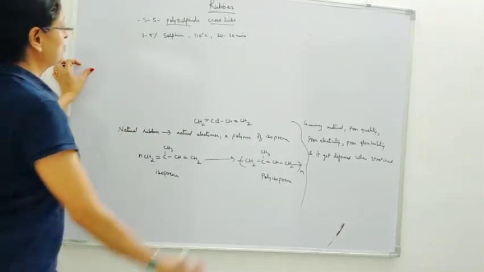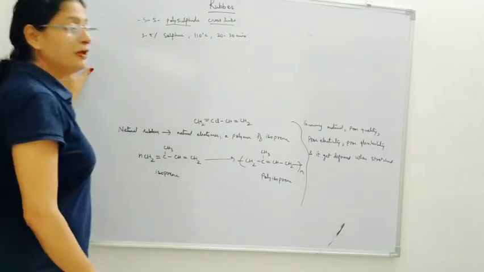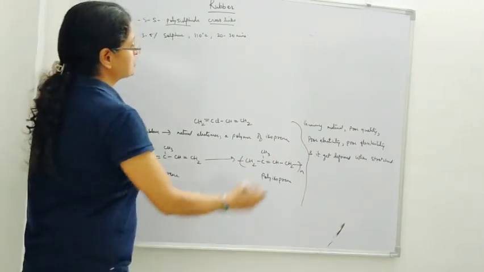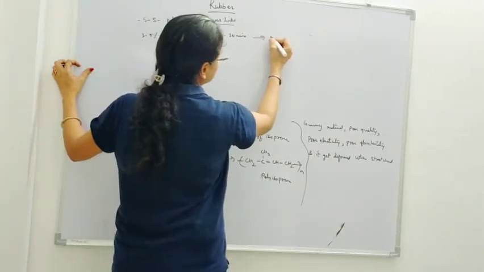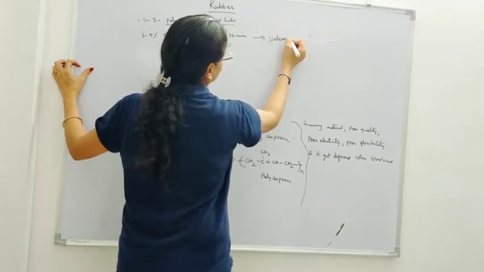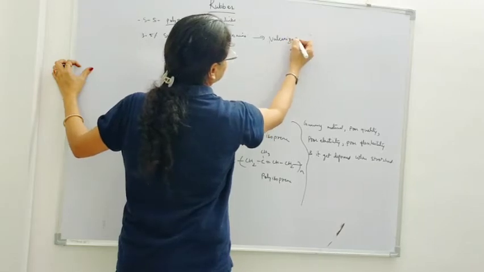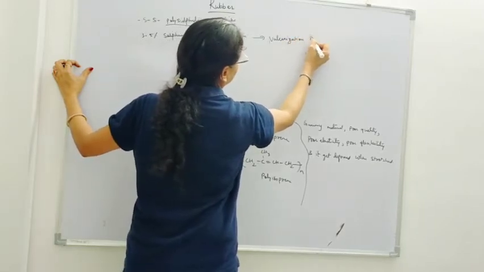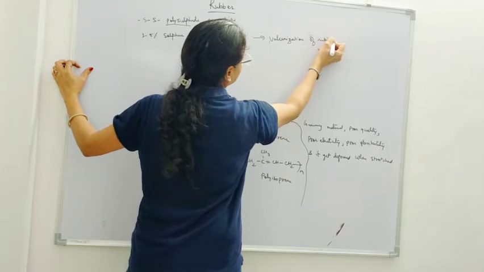So by doing this, the quality of the rubber will be improved, and this whole process is called vulcanization of rubber. So look here how we do it.